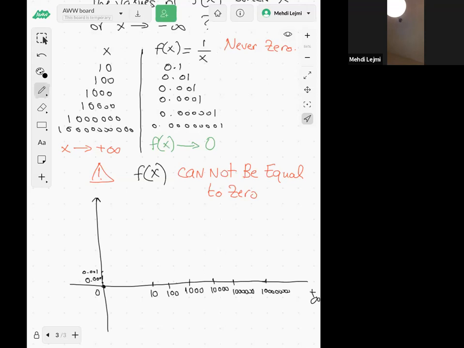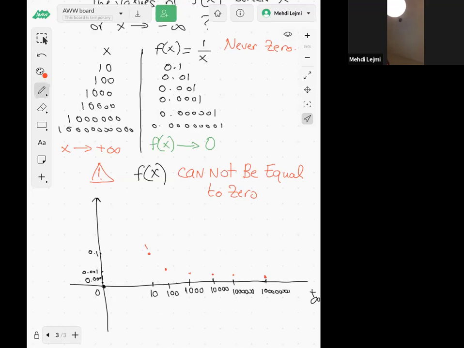And so what we are saying, guys, let's say this is 0.1 here. If x is 10, f of x is 0.1. If x is 100, then f of x is 0.01. So we're getting close to 0. 1 over 1,000 is 0.001, then 3 zeros and 1, 5 zeros, or 8 zeros. We're getting close to 0.